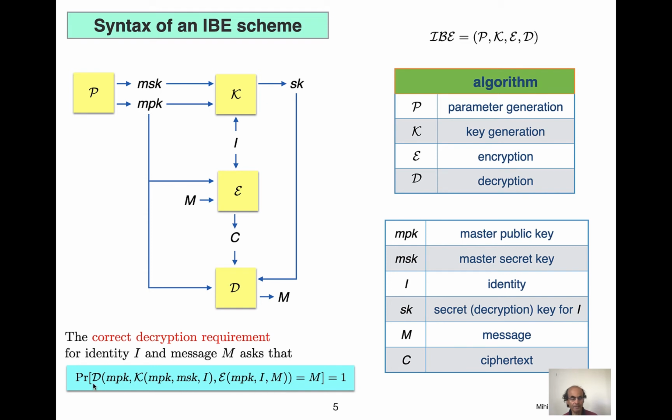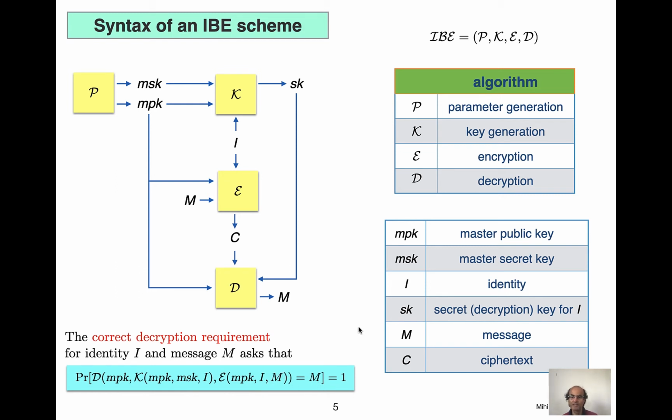Now I decrypt that. The key I use is the one associated to the identity here, generated using the master secret key. And this says that in that case, I will always recover the same message as was encrypted.